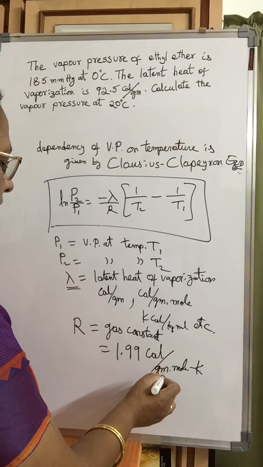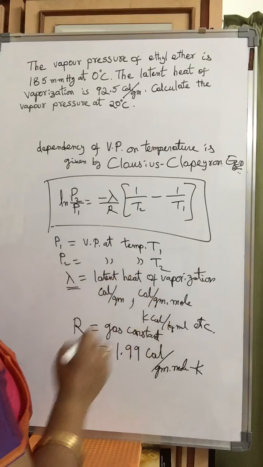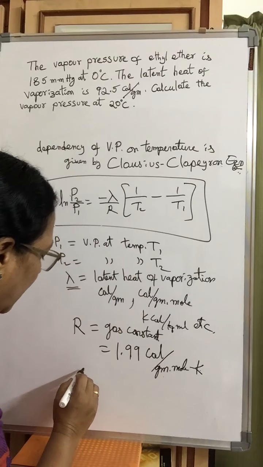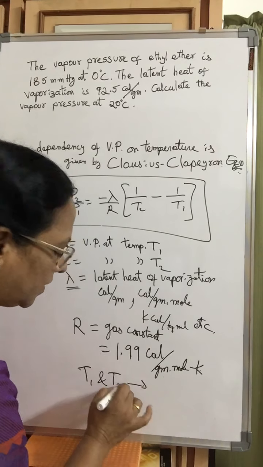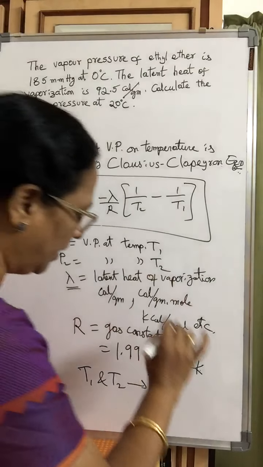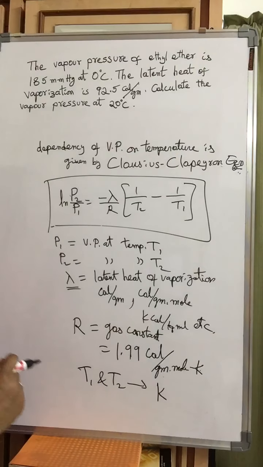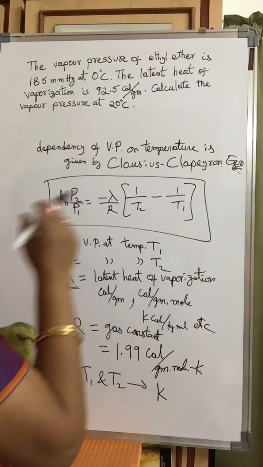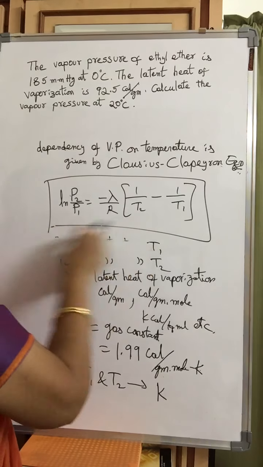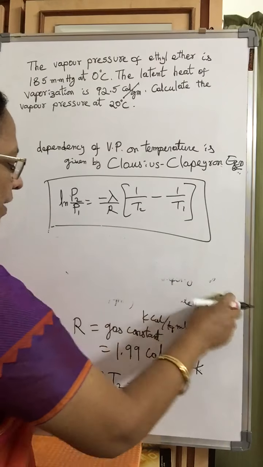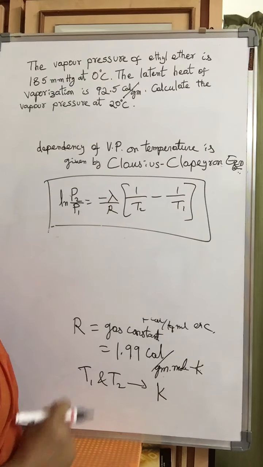So here R is in calories per gram mole per Kelvin, so lambda is also in calories per gram mole, and T1 and T2 must compulsorily be substituted in absolute temperature, that is Kelvin. Now if you check the units here, you know that for any equation the units of LHS must equal the units of RHS.